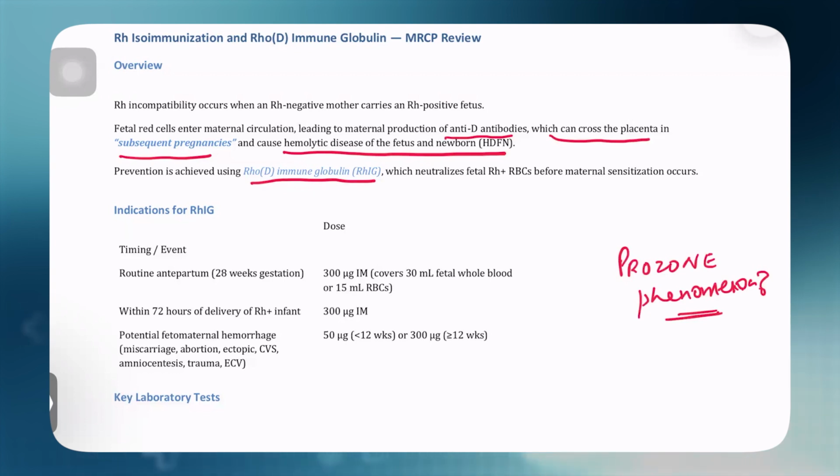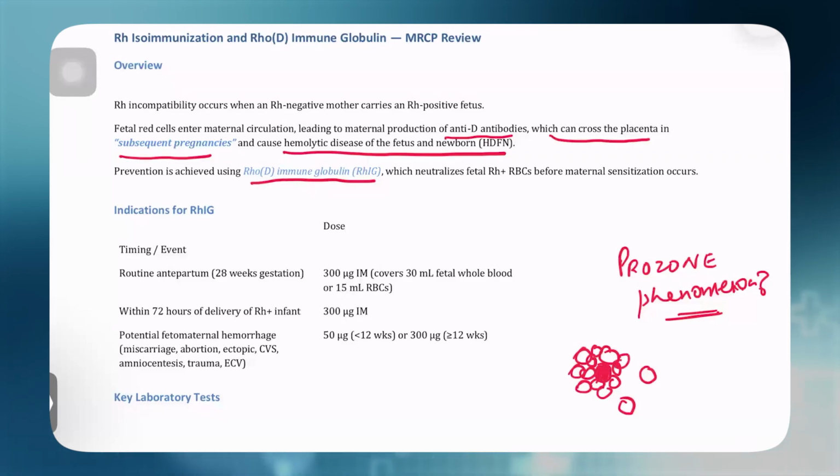The prozone phenomenon is that whenever the amount of antigen is overwhelmed by the amount of antibody attaching to the antigen, this is the antigen.